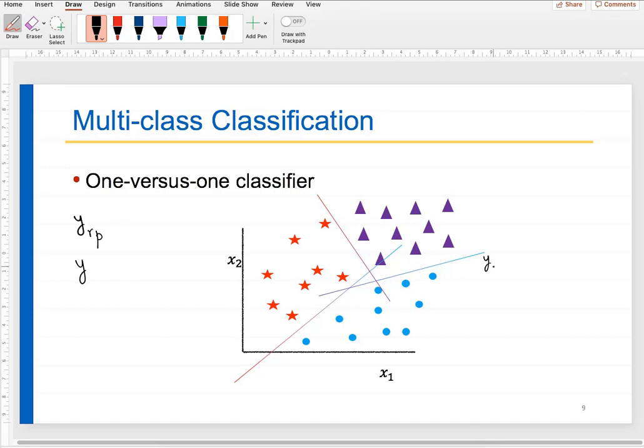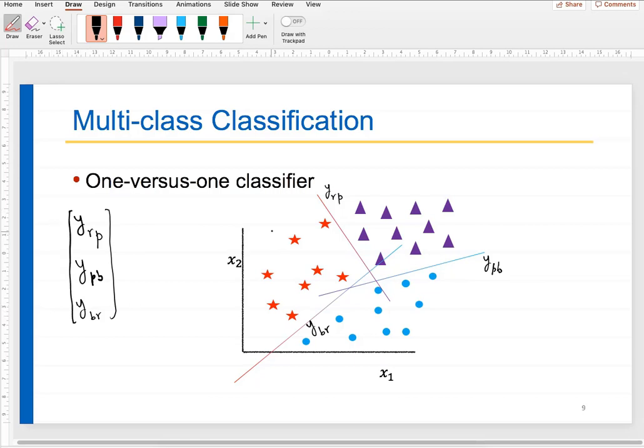This is y purple versus blue, this is y red versus purple, and this line is y blue versus red. Again a vector, right?